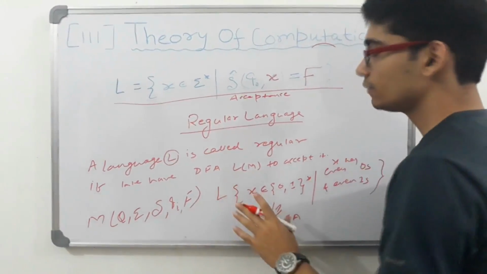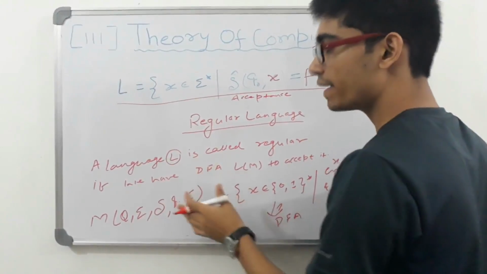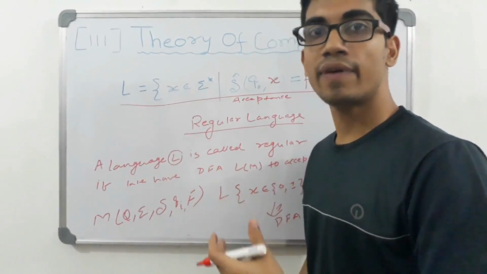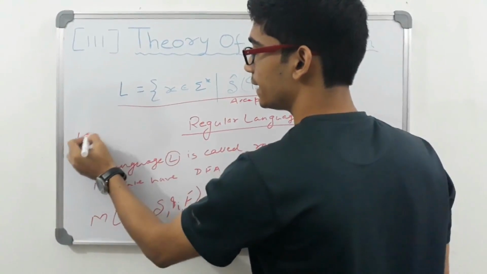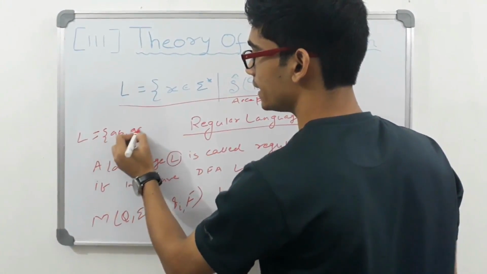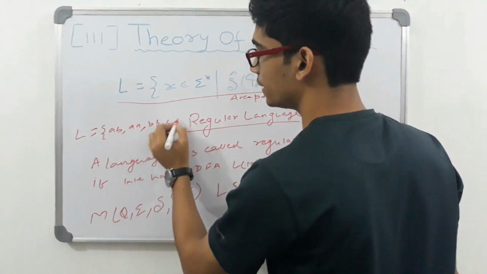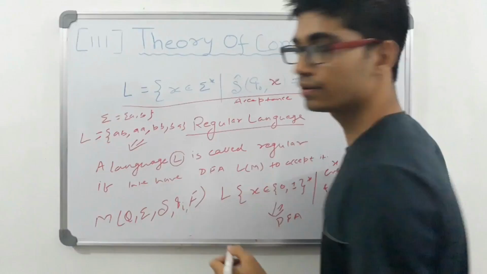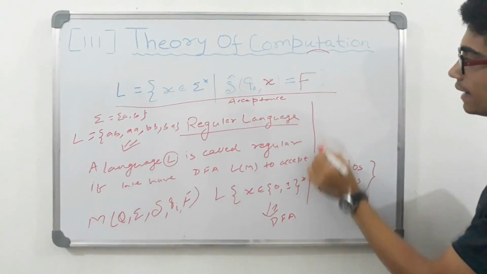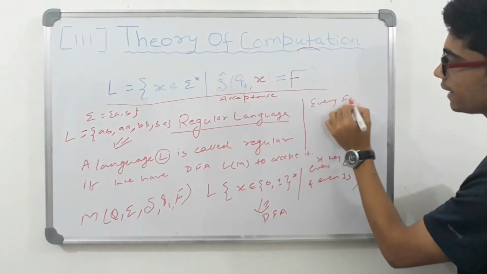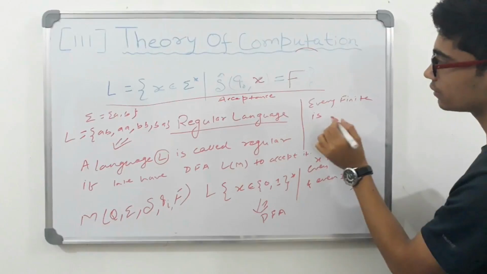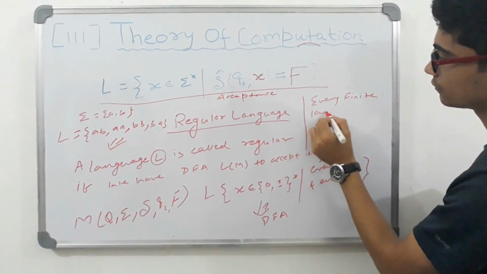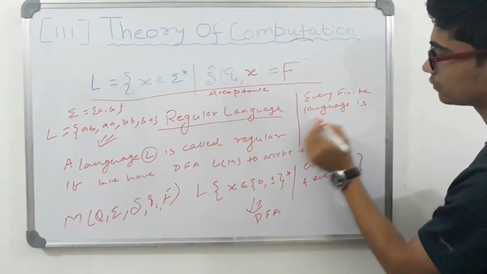Now, I told you about finite language and infinite language. In a finite language, we have a finite number of elements, and in an infinite language the elements are infinite. Suppose I say language L equals AB, AA, BB and BA, defined over alphabet {A, B}, then this language is finite, and every finite language is regular.